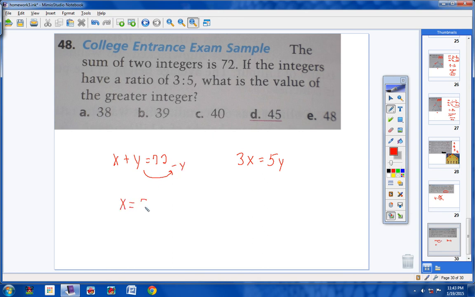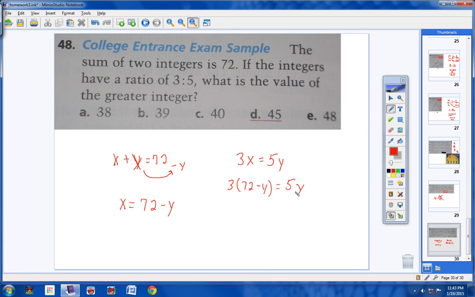Come on, guys, we should know. 72 minus y. Bring the y over, make it negative, so x equals 72 minus y. So what can I put for x right here? 72 minus y, because x equals 72 minus y. So for x, I'm going to put 72 minus y, and 3 times that equals 5y.